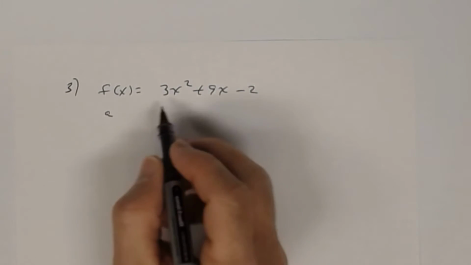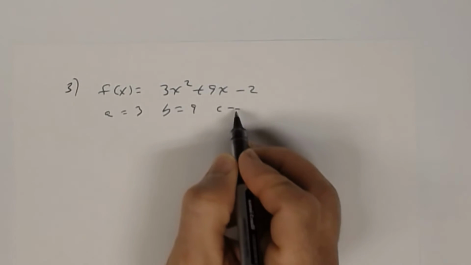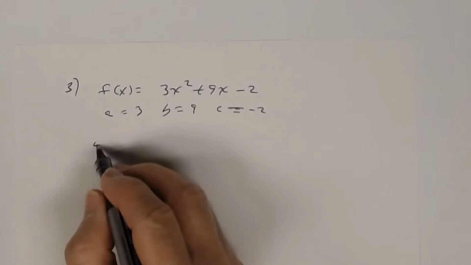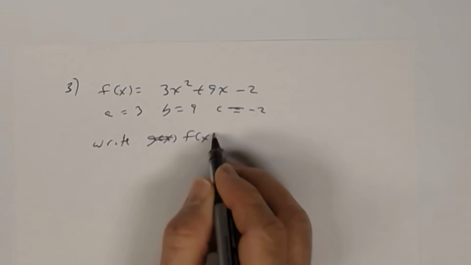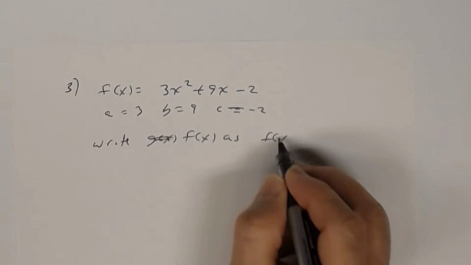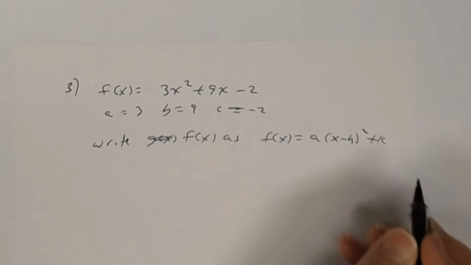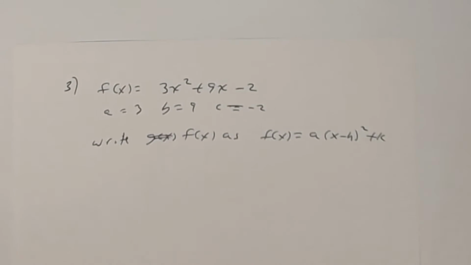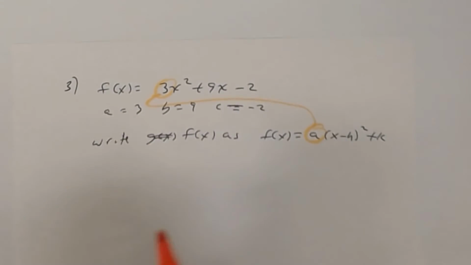Remember, this is general form, so a is 3, b is 9, c is negative 2. And we're going to write f of x in the form f of x equals a times x minus h squared plus k. Now remember, this a right here is the same as this a here, okay? So just keep that in mind.